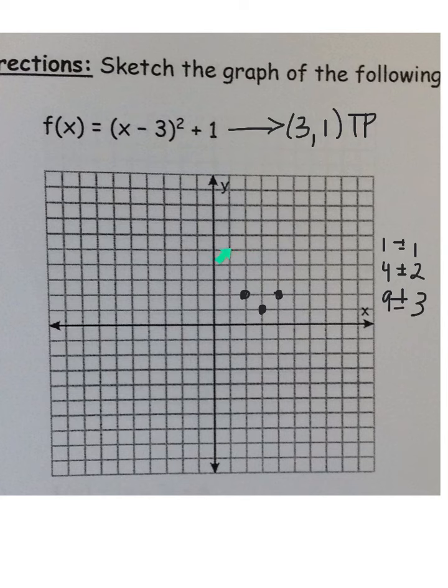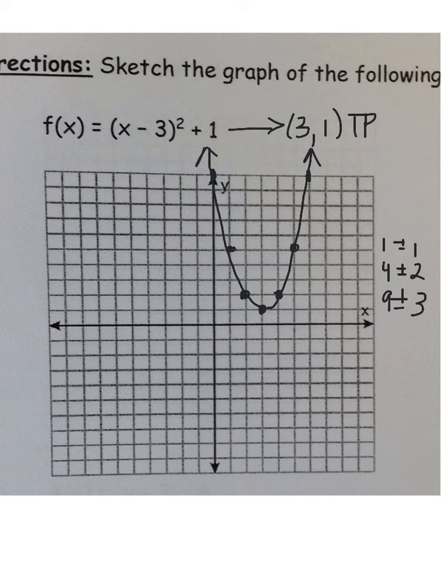And then we're going to go left 2, put a dot, right 2, put a dot. Okay, so go ahead and do that. And then, again, I'm going back to the turning point right here, and I'm going to count up 9. 1, 2, 3, 4, 5, 6, 7, 8, 9, right up there at the top. And then I'm going to go left and right 3. So it's going to go like this and like this. This is what I would want to see on a test, okay? And then from there, you can sketch your graph. And there's the graph of f of x. Okay? All right, so that's not so bad, right?